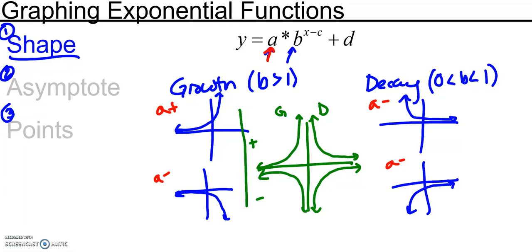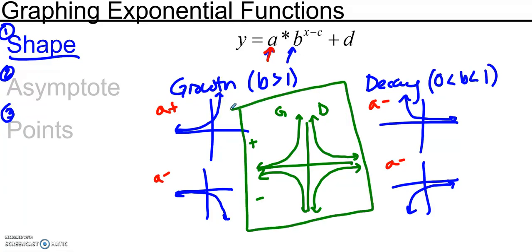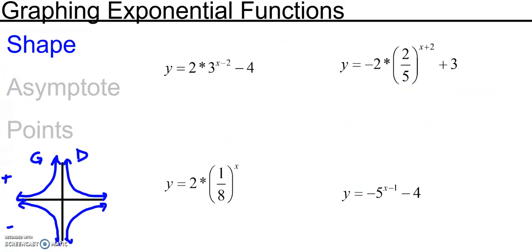It's a super important little picture that quickly lets us identify whether I have growth, decay, positive, negative, and what the shape corresponds to. So if I look at a couple of examples, notice I've gone ahead and put my picture down here: growth, decay, positive, negative. The first example, I check out the base. What's being raised to the exponent? There's a base of 3.